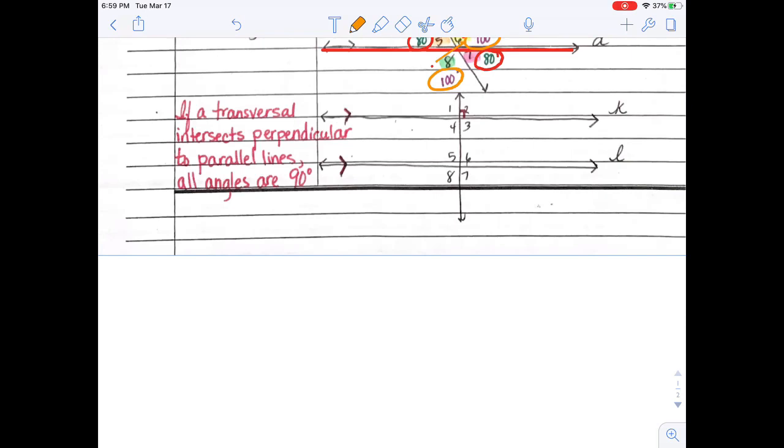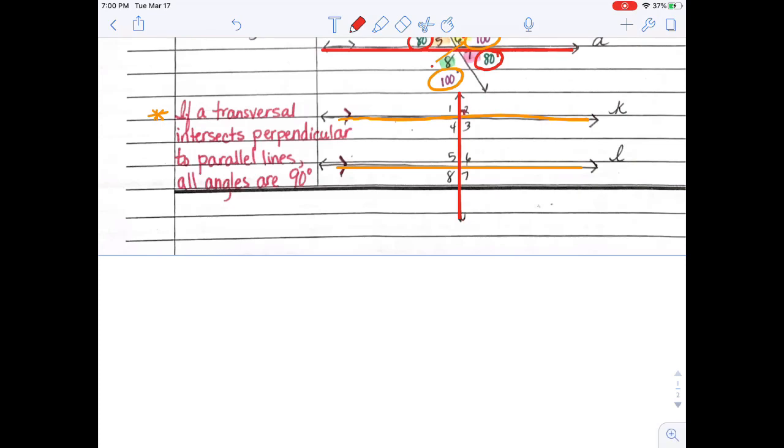Now I will tell you, this right here is my absolute favorite. Because if I have 2 parallel lines, here's 2 lines right here, and then the transversal comes and cuts that, but it cuts it at a perpendicular, meaning when it comes down, it hits it at a 90-degree angle.